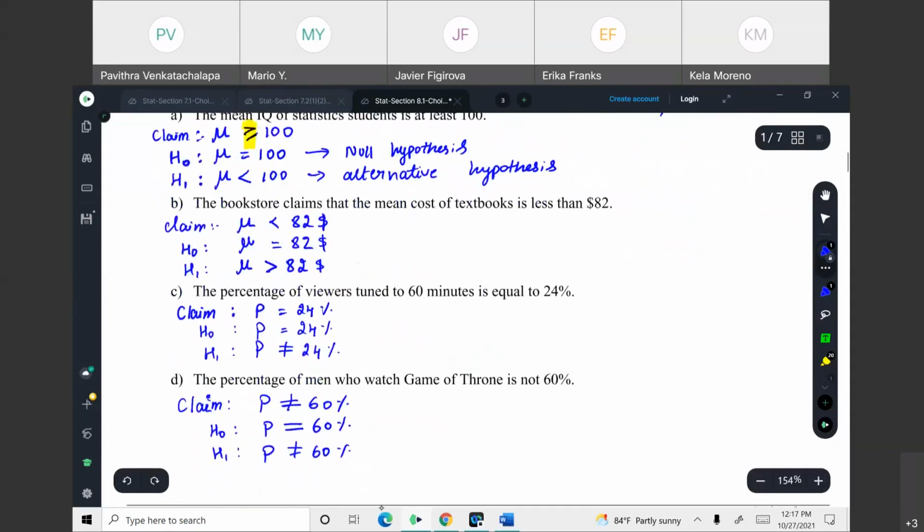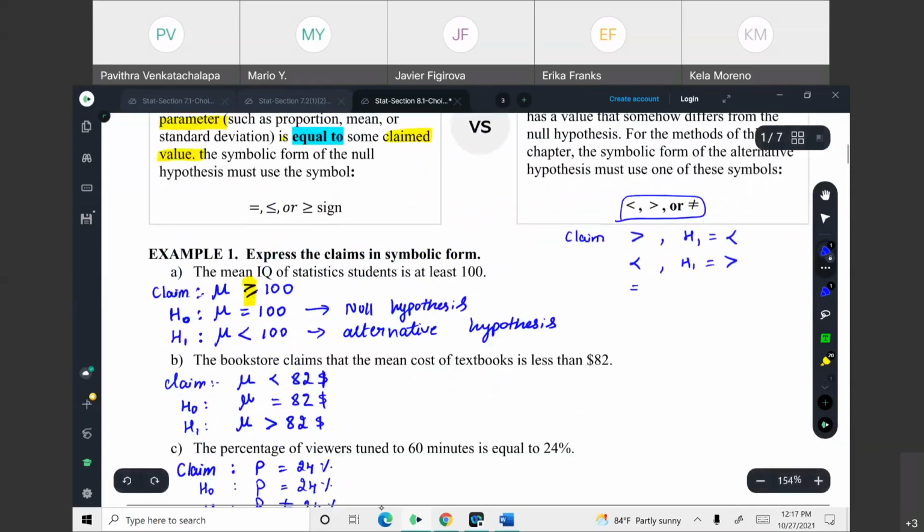Now, if it is equal to, then we say H1 is not equal, right? But if your claim is not equal to, then you cannot write H1 as equal to, because that will be your null hypothesis. So we will keep it as it is. Okay, this is the only exception.